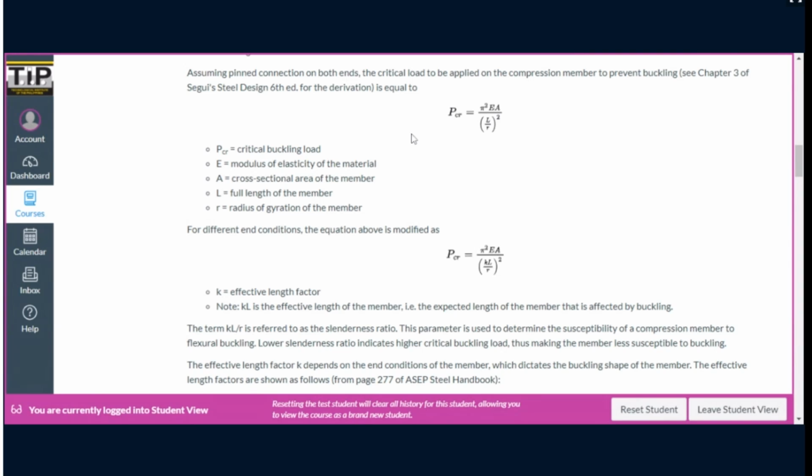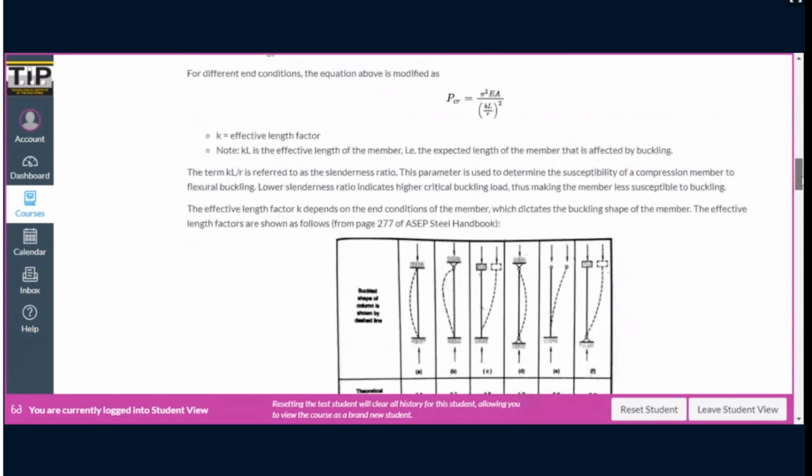The same form of the formula will be adopted. However, the only addition here is what we call the K. K is the effective length factor of the column. And the term KL here is what we call the effective length of the member.